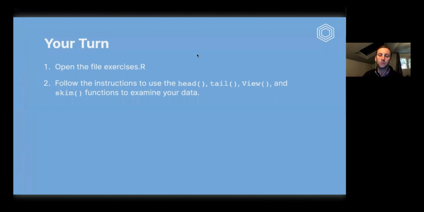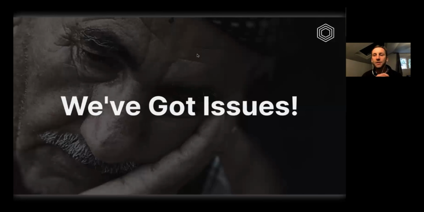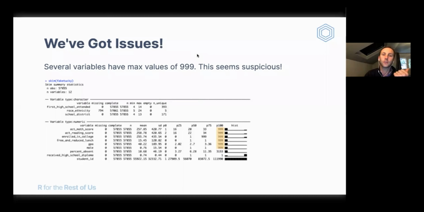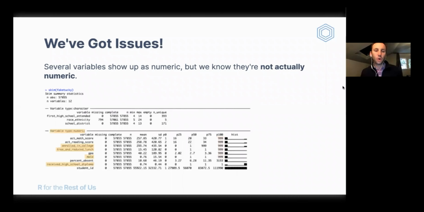So we've got some issues, right? And I'm going to talk about two things. Several variables have the max values of 999. This seems suspicious, right? So the other thing is that some variables show up as numeric, but we know they're not really numeric. So as an example, like enrolled in college, that's a dichotomous variable.